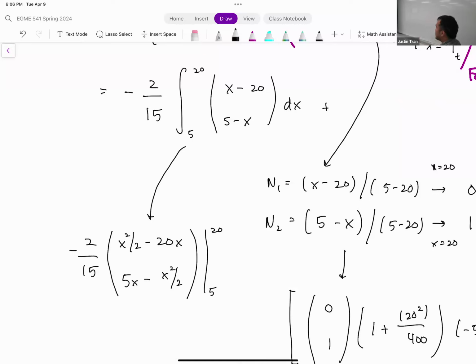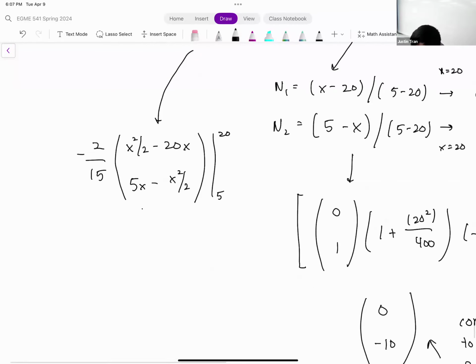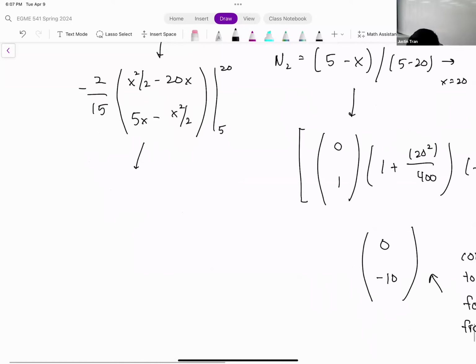We're going to evaluate this from x is equal to 5 to x is equal to 20. And so this is just standard integration here, and after we multiply it from the outside, what we get is 15 and 15.